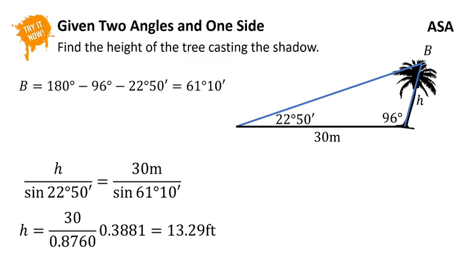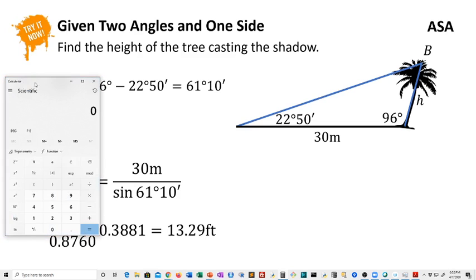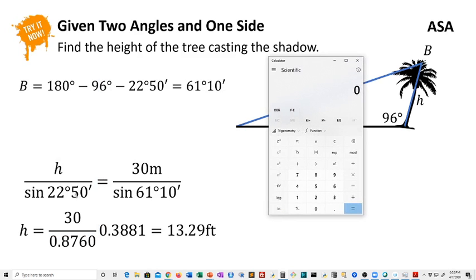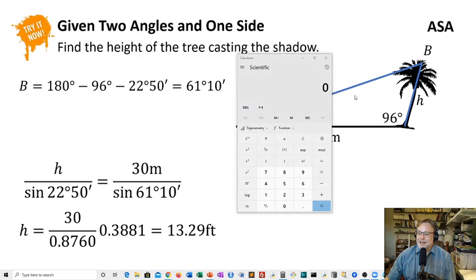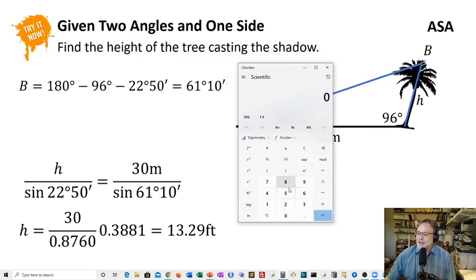And just to recall the way in which we can do the sine of 22 degrees 50 minutes here is to remember that there's 60 minutes in a degree. And so as we're doing this here, I'm just going to focus on the 50 minutes here. First, 50 divided by 60, that's equal to this. So this is the decimal portion of a single degree that 50 minutes is.